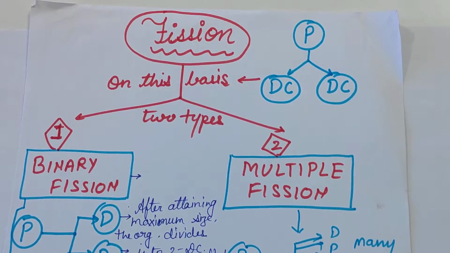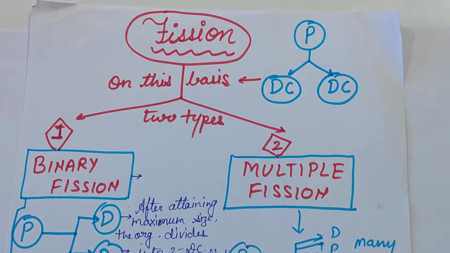I told you in fission, the parent cell splits into two daughter cells. Examples of fission are amoeba, leishmania, paramecium, bacteria, protozoa.